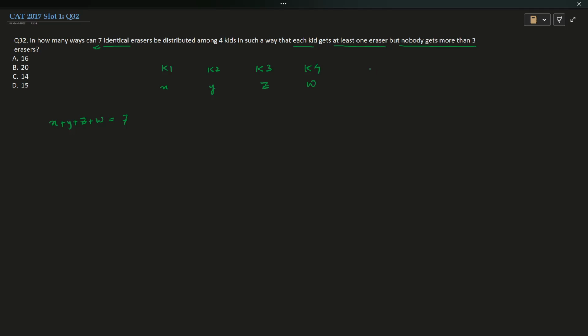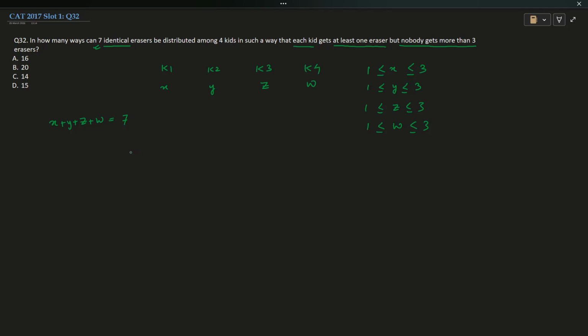They must get at least one, that means X is greater than or equal to 1, but less than or equal to 3, because nobody gets more than 3. Remember, they can have 3 erasers, but they cannot have more than 3. Similarly, I can say the same for Y, Z, and W. Right, guys?